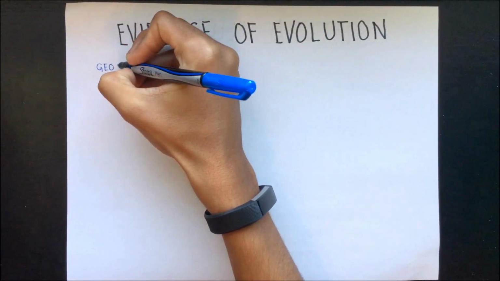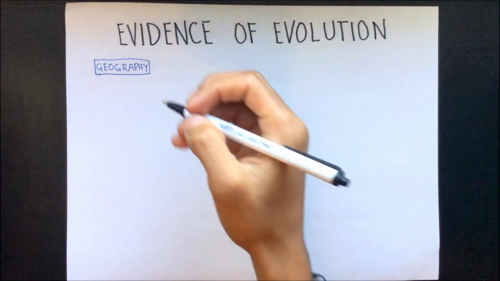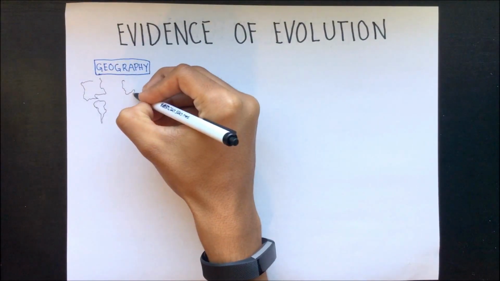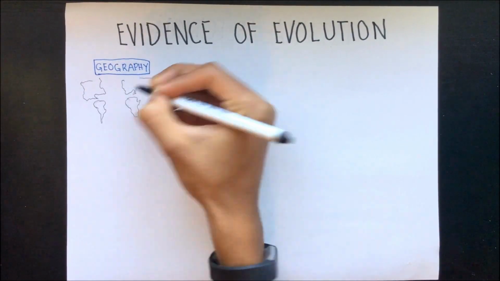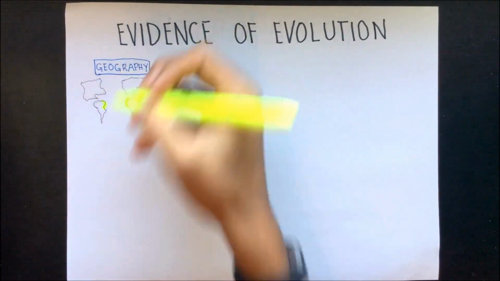All this natural selection, adaptation, evolution stuff is cool and all, but how do we know that this is not some scientific lie? Well, there is a lot of evidence supporting this. For example, we can study geography and see that species from different continents are alike because all the continents used to be connected.